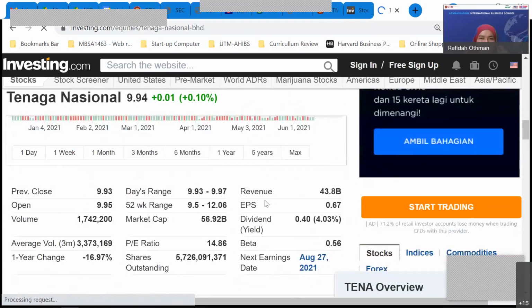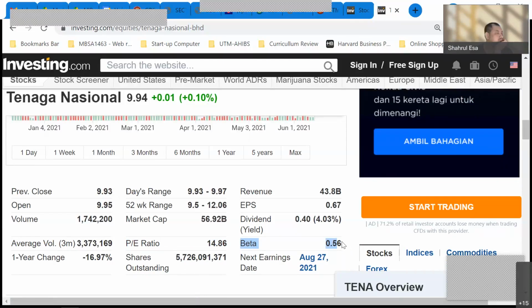I want to see, okay, this is the EPS. So this is the beta. If you want to find the beta for your company, you may just look at the general information of the stock, and then you see the beta here. We have learned that a beta of 1 equals the return of the market, correct?